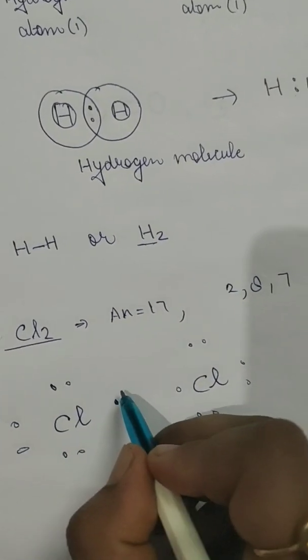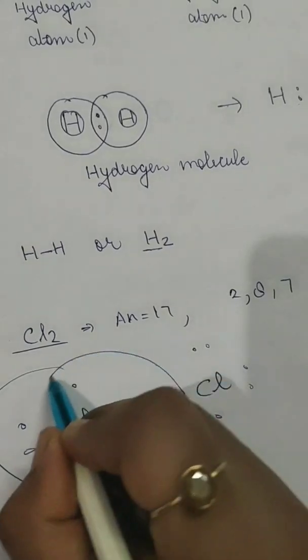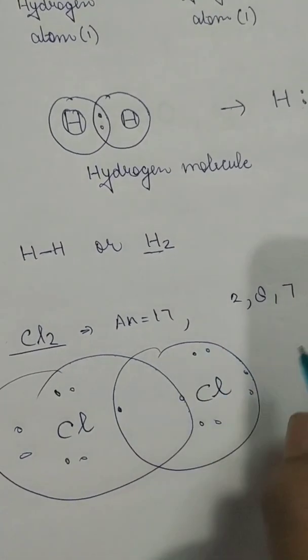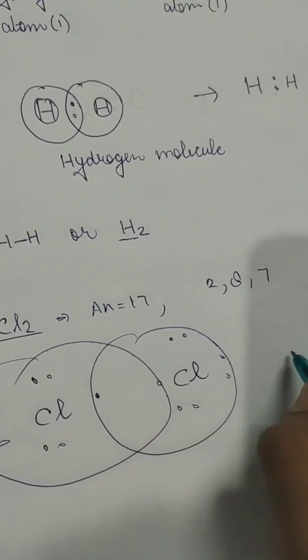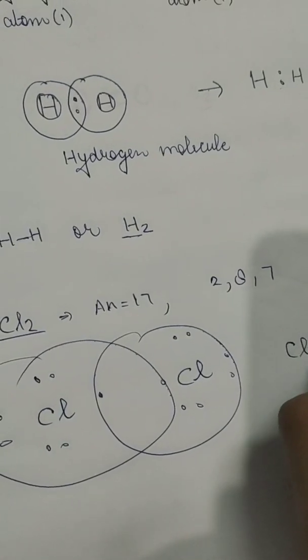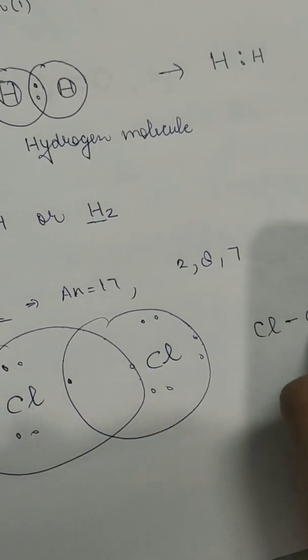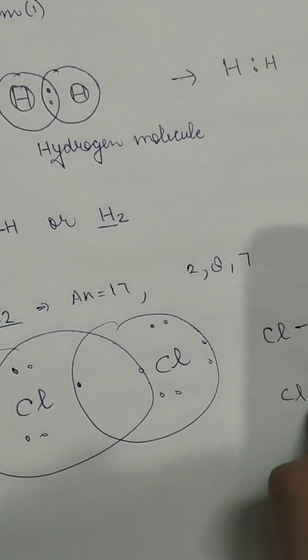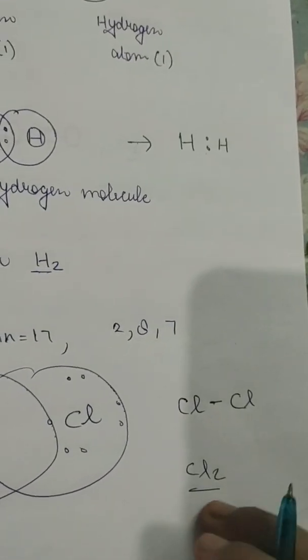So there will be a mutual sharing of electrons, and thus it will form a covalent bond, like chlorine here and chlorine here. So it will be Cl2. So this is also a single bond.